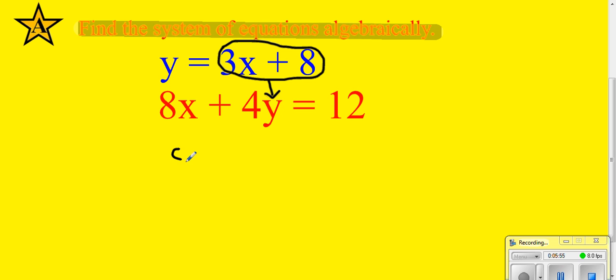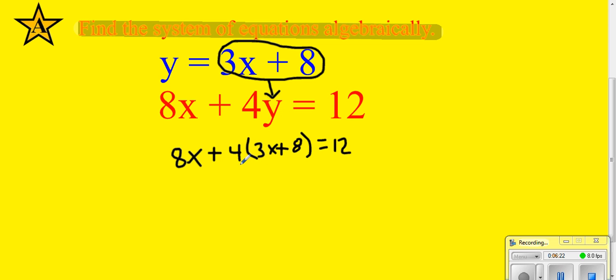So when I rewrite this equation, you have 8x plus, and instead of y, you're going to put 3x plus 8. You are substituting the 3x plus 8 for y, and that equals 12.